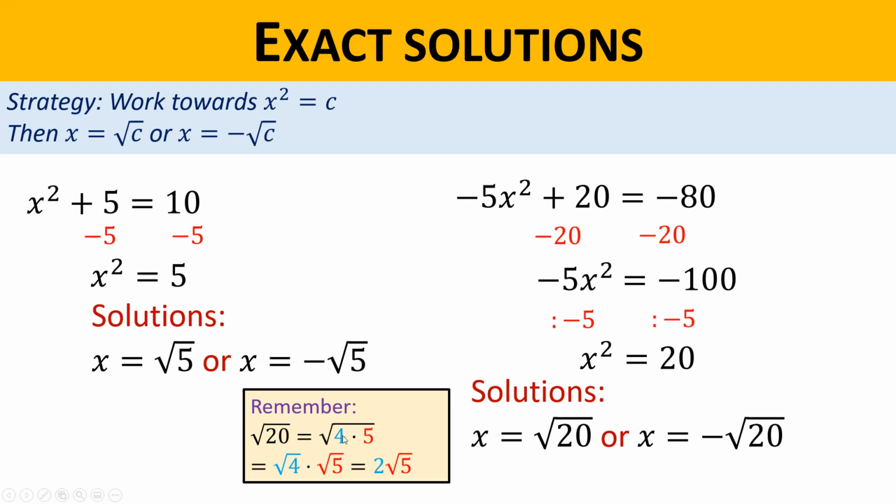And we can basically pull that square root apart and say, okay, so that's the same as the square root of 4 times the square root of 5. And then the square root of 4 I can still calculate. And we think this is a nicer result, because we want as small as possible a number underneath the square root sign. So our answers will be square root of 20 becomes 2 square root 5, or x is negative square root 20, so x is negative 2 times the square root of 5.